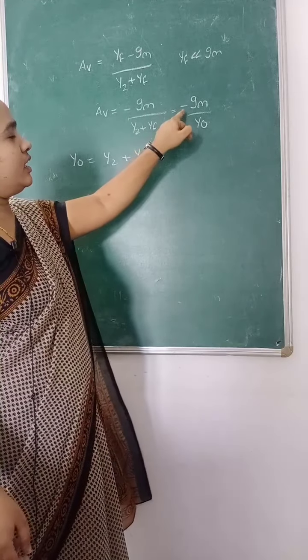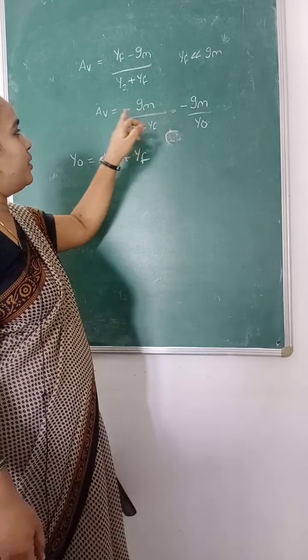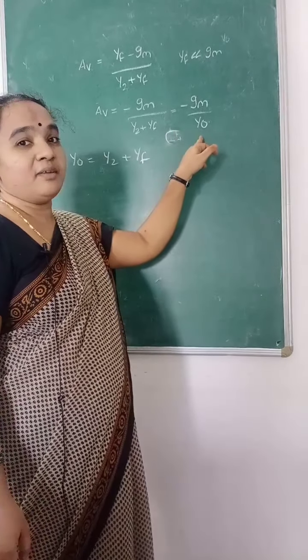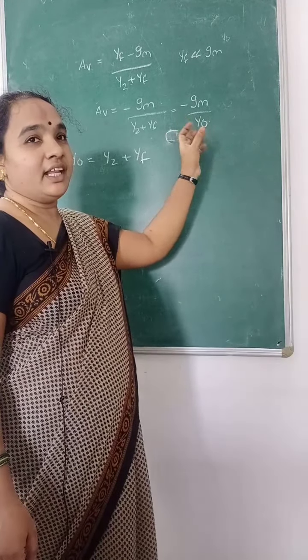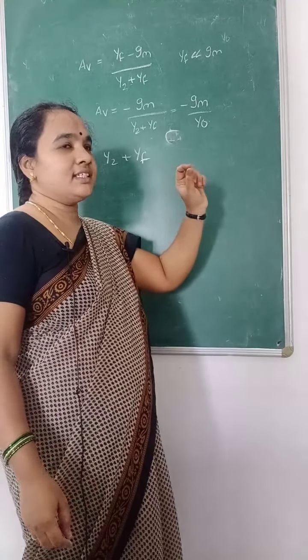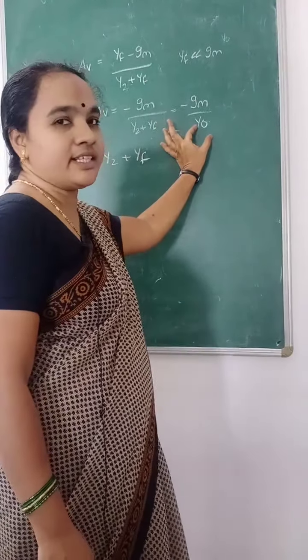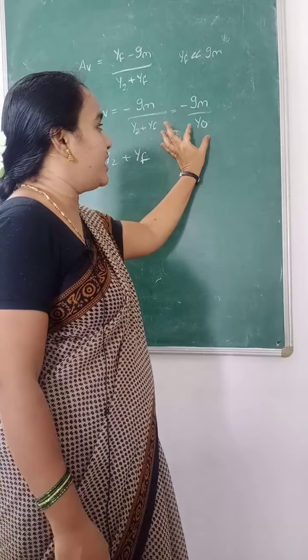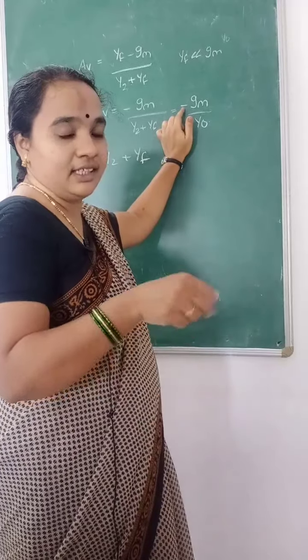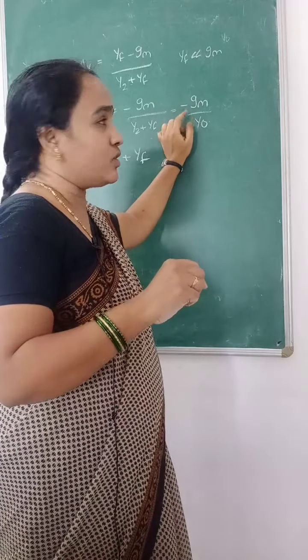So if you want to get the maximum gain value, then the total admittance should have a phase shift of 180 degrees. That is, if it provides a negative feedback of 180 degrees, then this negative sign and this negative sign get cancelled. We will get the total positive value.